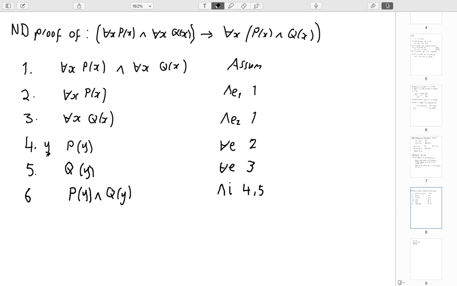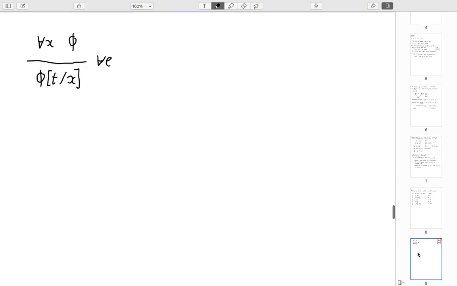And the, sorry, not the and introduction rule, the for all introduction rule says that suppose we have proved phi for an arbitrary y.